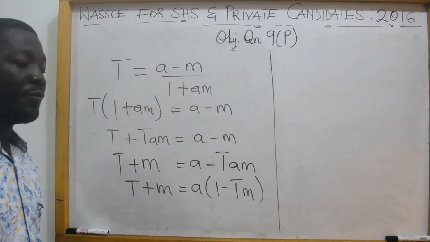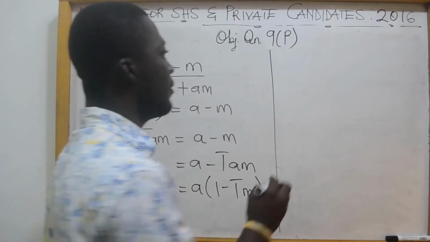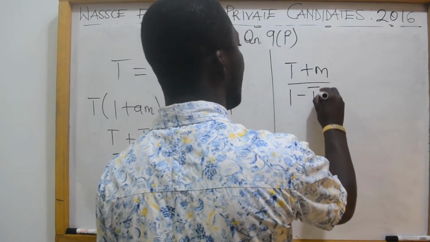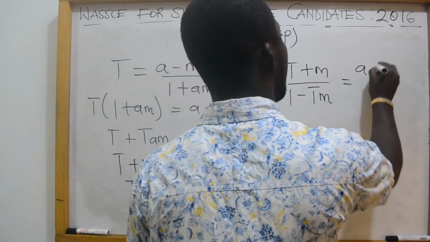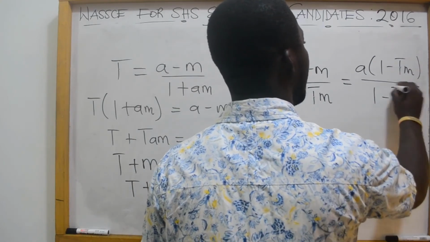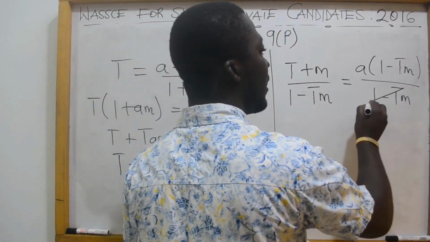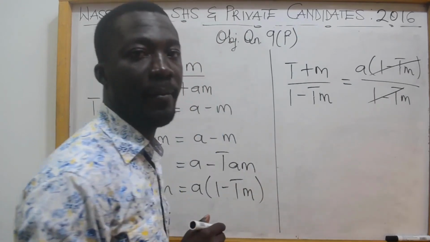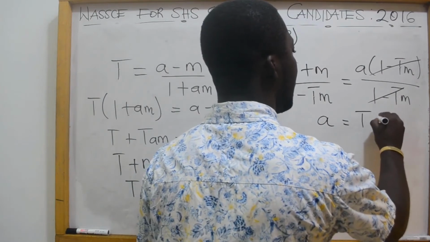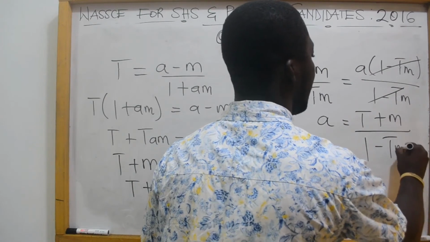To find A, we divide both sides by 1 minus TM, which will give us T plus M over 1 minus TM is equal to A into bracket 1 minus TM divided by 1 minus TM. 1 minus TM will cancel 1 minus TM, and our final answer for A will be equal to T plus M divided by 1 minus TM.